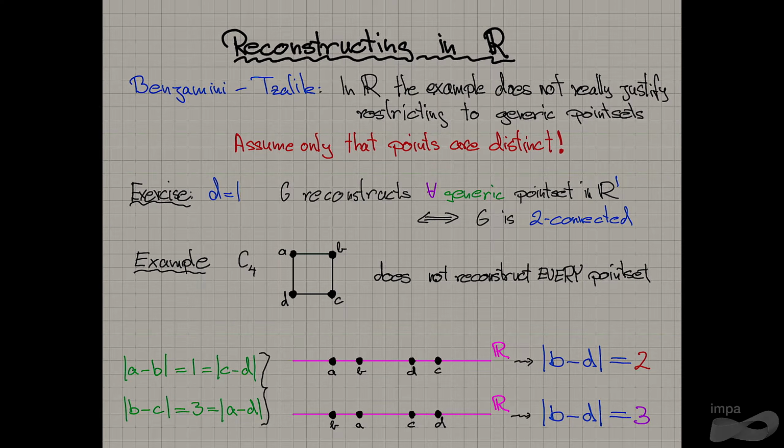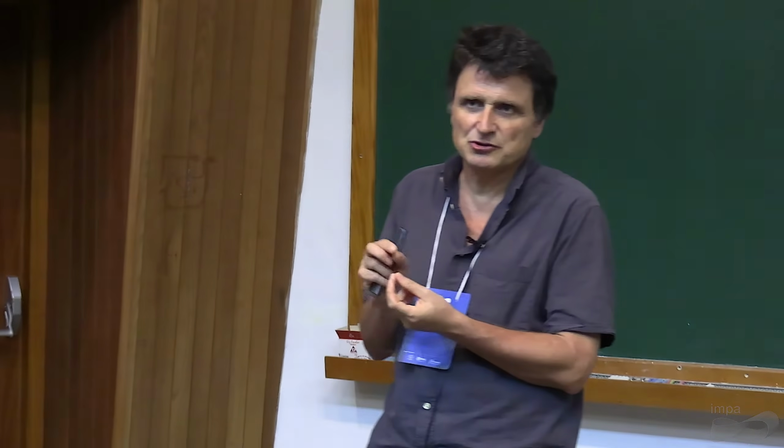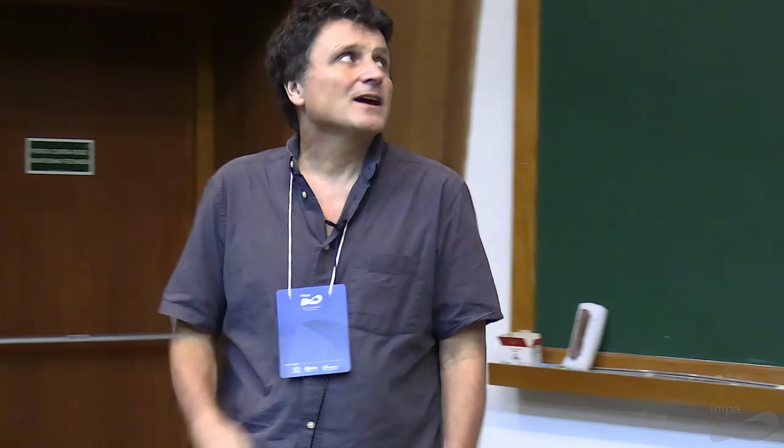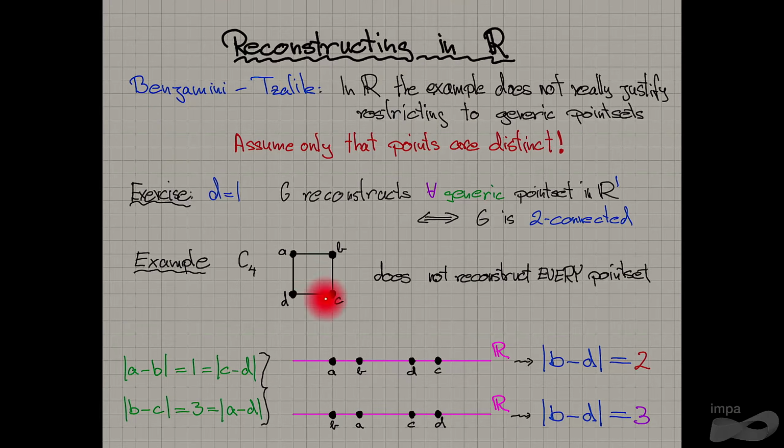The construction which I described earlier, in one dimension, would be n minus 2 points on top of each other. So to avoid that, it would be enough to just assume that our points are distinct. This is what we will do. We will not assume genericity. We just want to assume that the points are distinct. The birds are not exactly on the same spot.